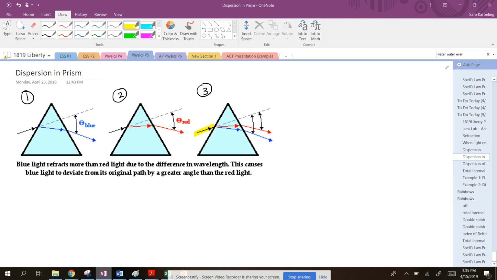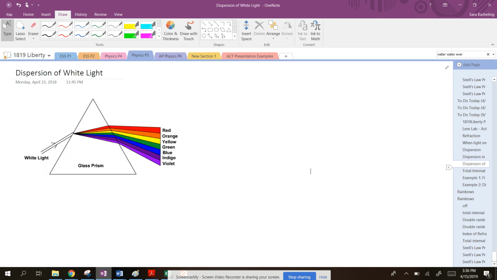And because of the geometry of that prism, it's going to separate out even more as it leaves the prism. You can imagine that if you've got red light, which is at one extreme at the very high wavelength side, and you've got blue, which is at the low extreme at the very small wavelength side, all of the other colors are going to fit in the middle. So this gives you the rainbow, right?